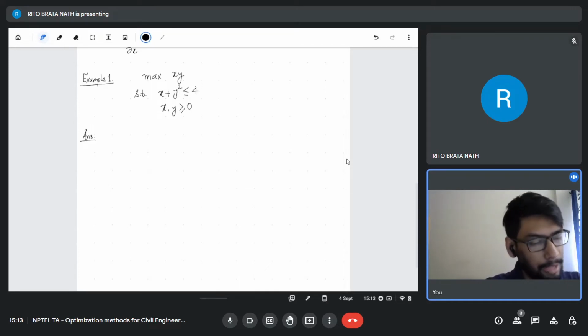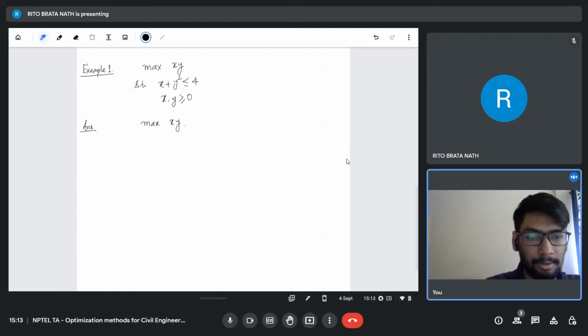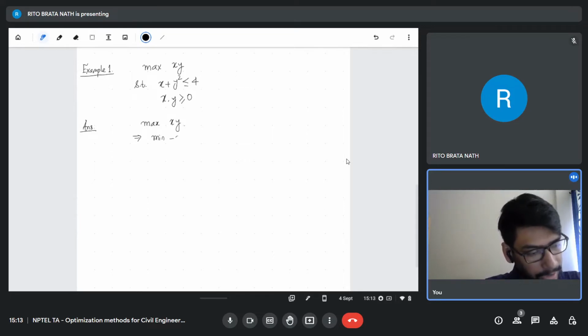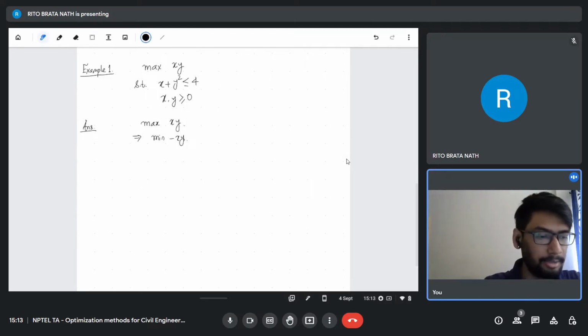Whenever you have a maximization problem, your first goal is to convert it into the standard form, which means converting it into a minimization problem. So you can write it as min of minus xy, with the constraints as they are. Your next job is to write the Lagrangian function and satisfy the four conditions.